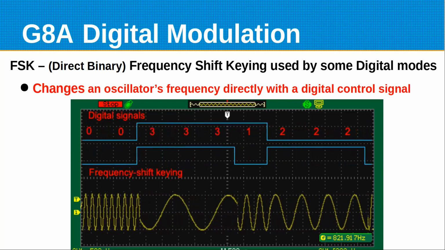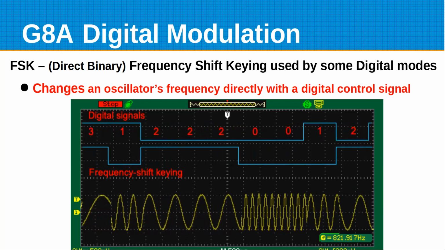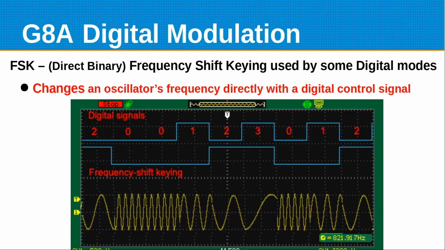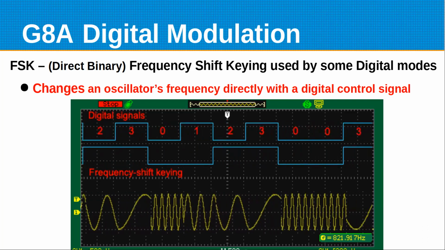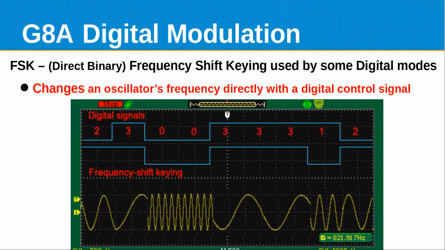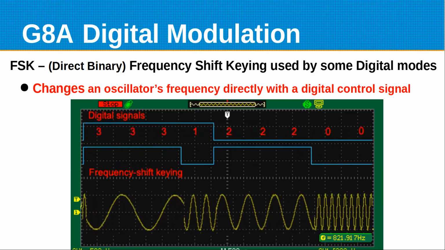In this one, we're showing direct binary FSK, where each symbol that is sent is representing two binary bits or four states. So it can be 0 0, 0 1, 1 0, or 1 1.